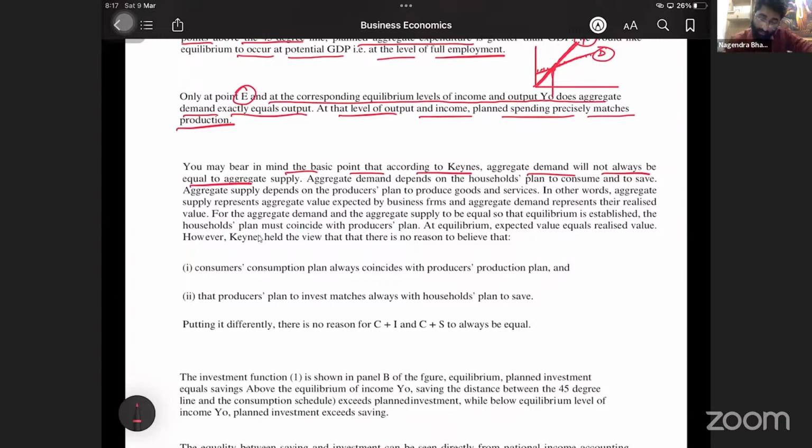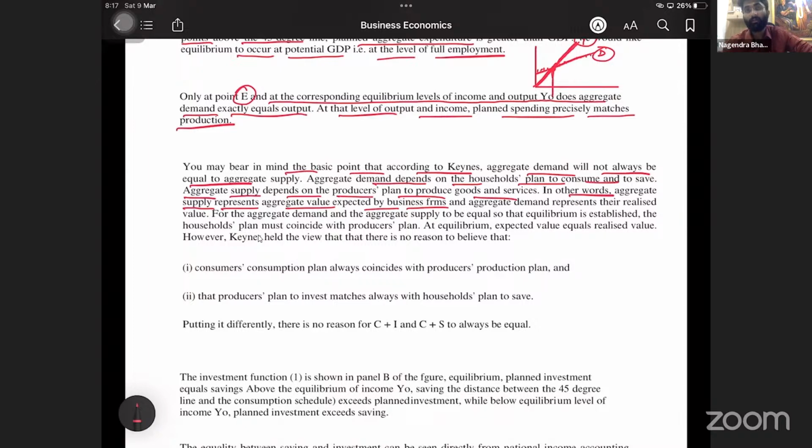Aggregate demand depends on the household plan to consume and plan to save, nothing but MPC and MPS. Aggregate supply depends on producers' plan to produce goods and services. In other words, aggregate supply represents the aggregate value expected by the business firms.